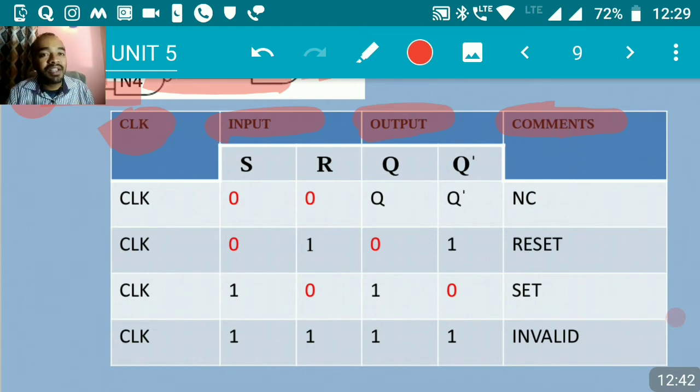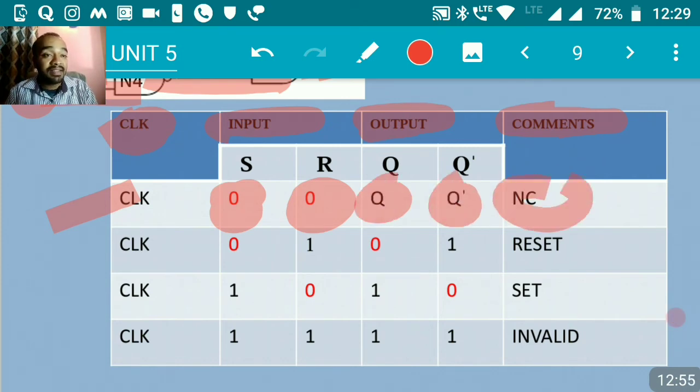So when S is equal to 0 and R is equal to 0, after applying the clock pulse, Q will be equal to Q and Q bar will be equal to Q bar, and this state of the flip-flop is what we call the no change state.